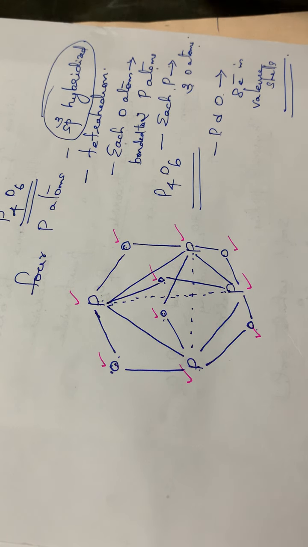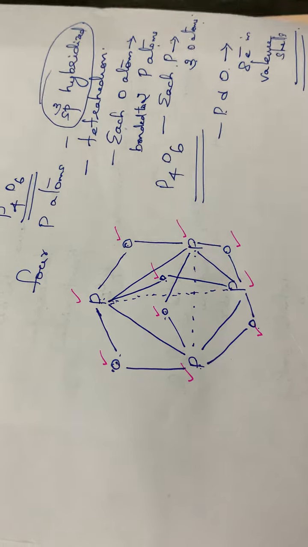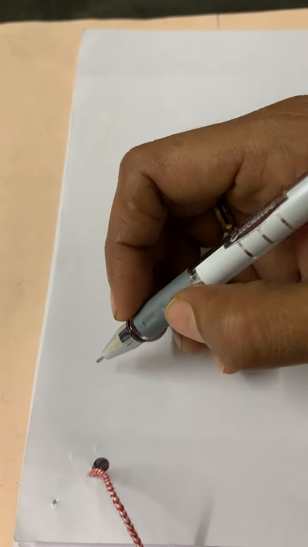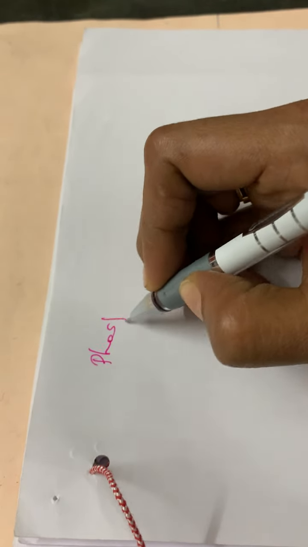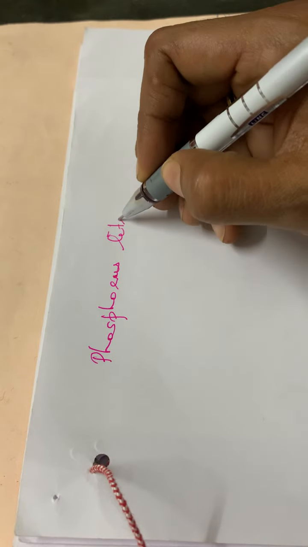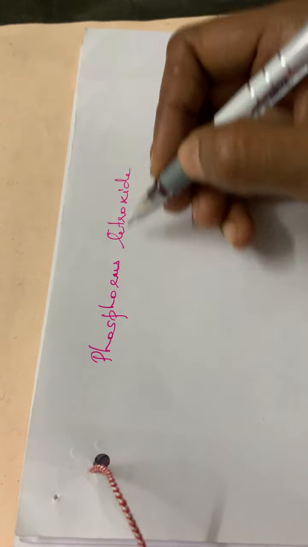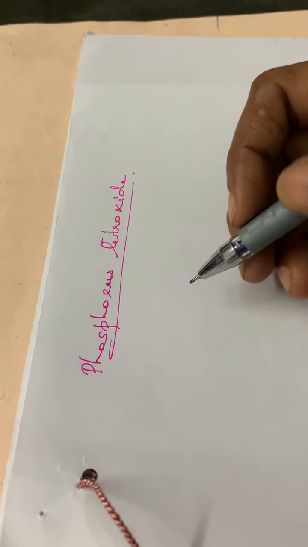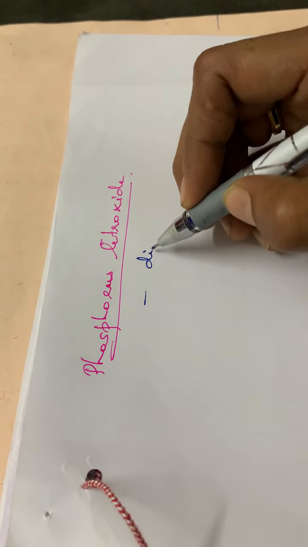Then the next compound, that is phosphorus tetroxide. This phosphorus tetroxide molecule also exists as a dimer.